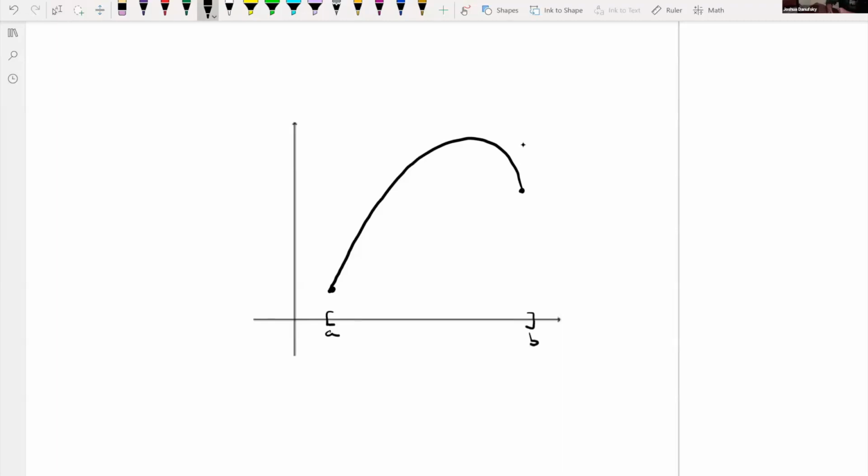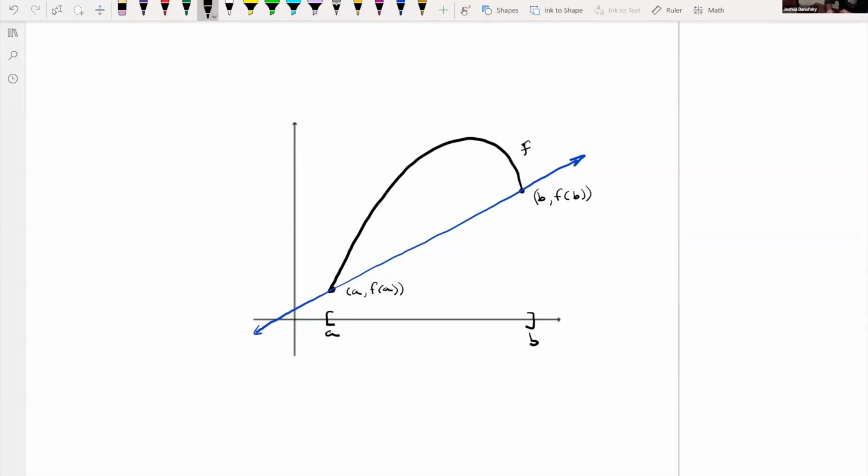And so this is the point (a, f(a)), and this is the point (b, f(b)). Now, I'm going to draw a secant line here. Okay, so there's a secant line. Here is our function f.